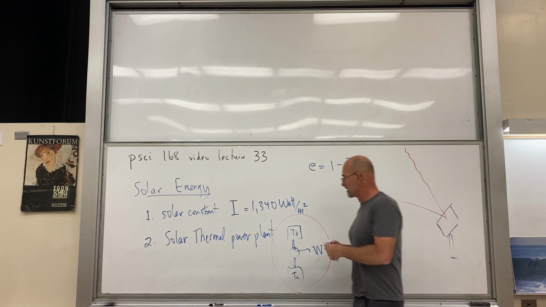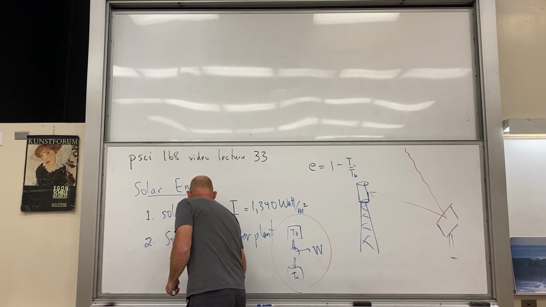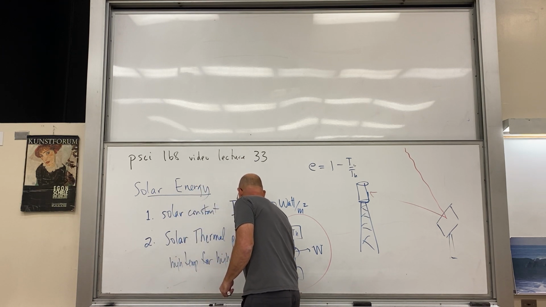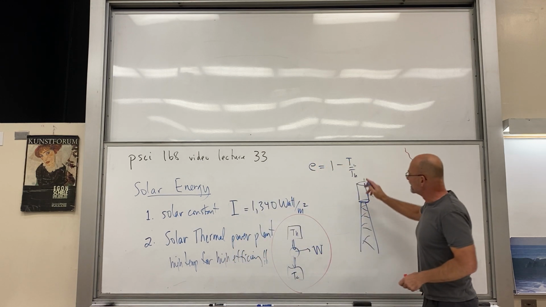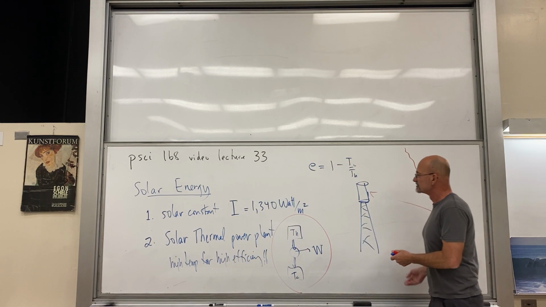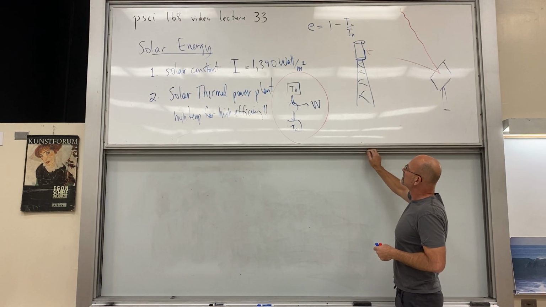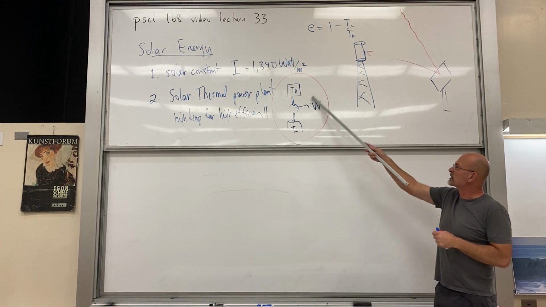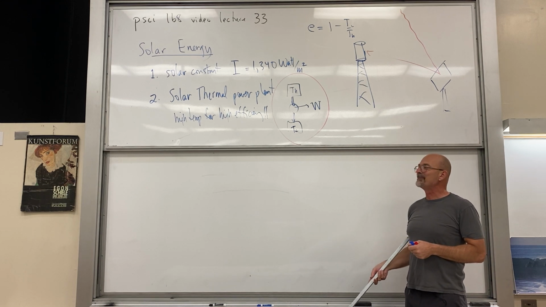So I'll just write here high temperature or high efficiency. And that's the reason for collecting it there at one point. And when I say work here, W, that's just the output of a normal steam power plant.